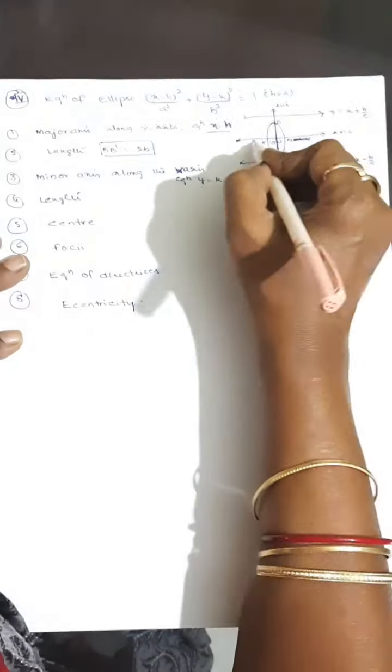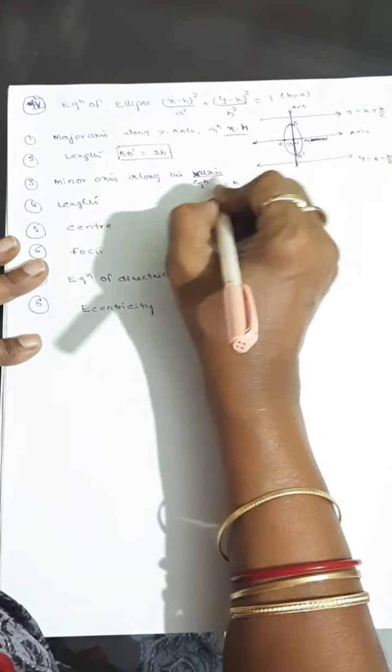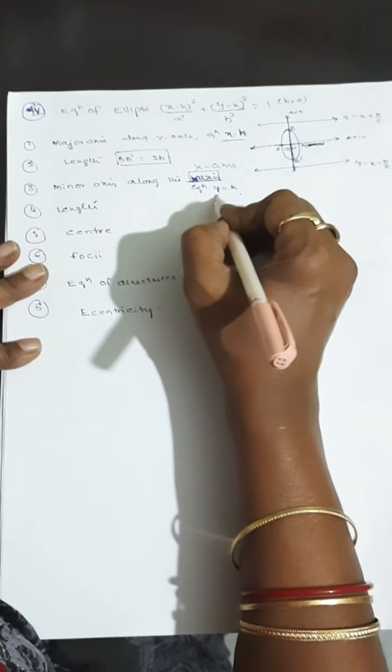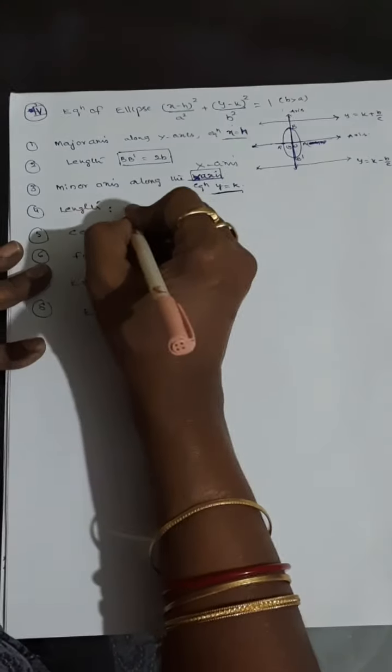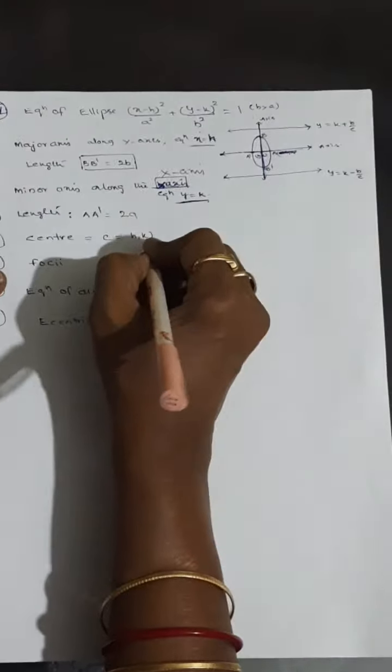Now, the minor axis is along the x-axis, its equation is y is equal to k, and its length AA dash is equal to 2a. Its center is C is equal to (h, k).